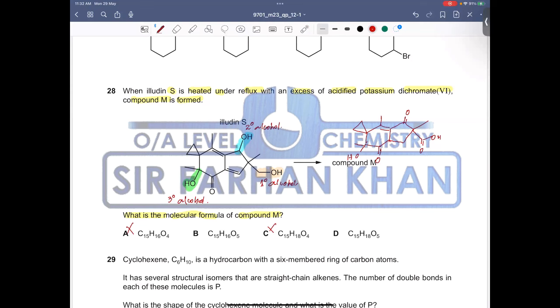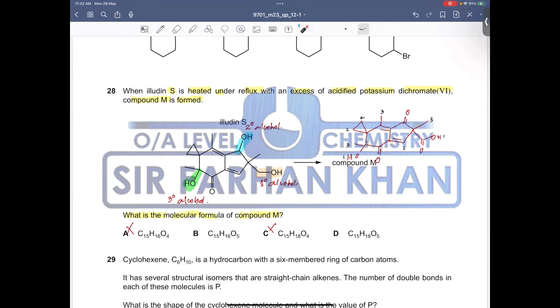My goodness, hydrogen is tough. This is your 1, this is your 3 hydrogen. Oh, 3, and this is your 1 hydrogen, 3 hydrogen, 2, and this 3.